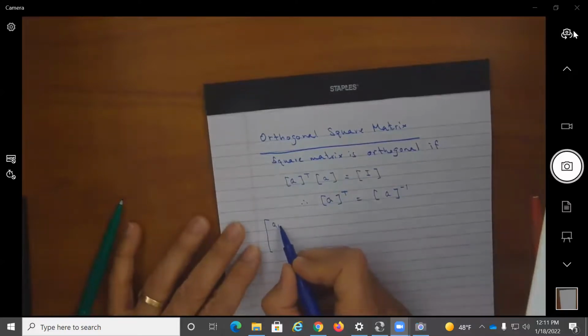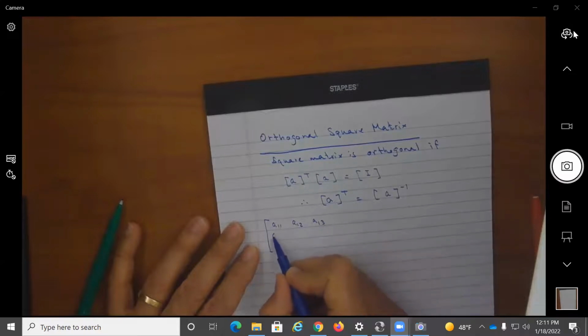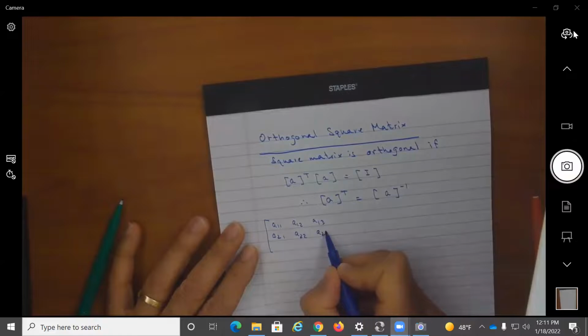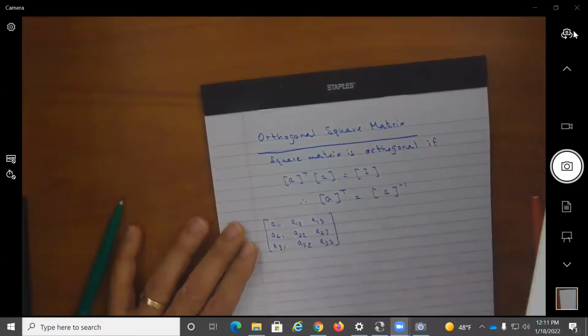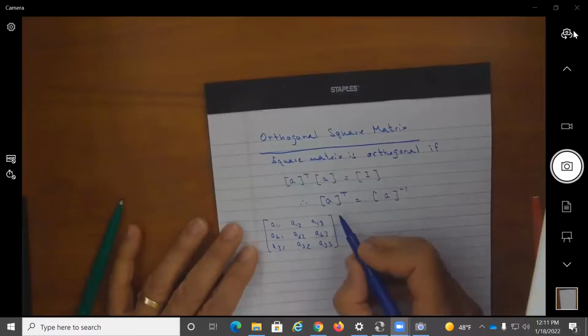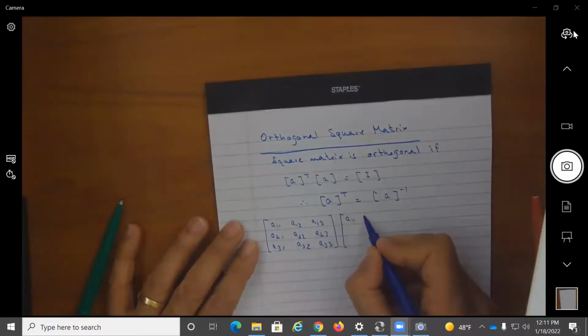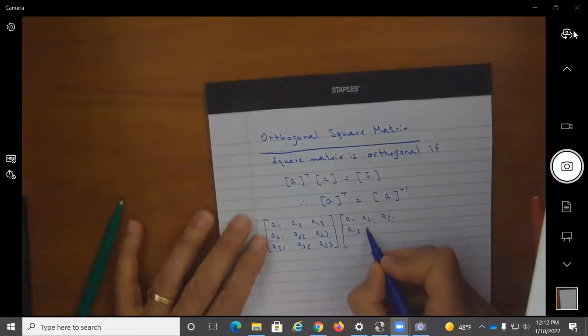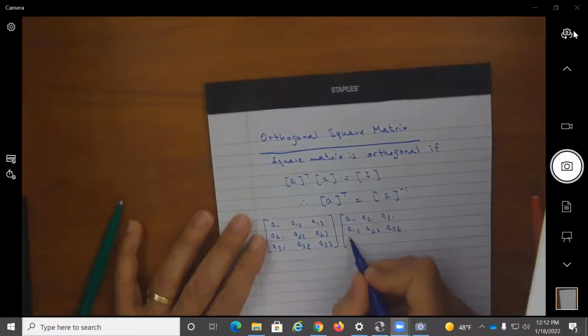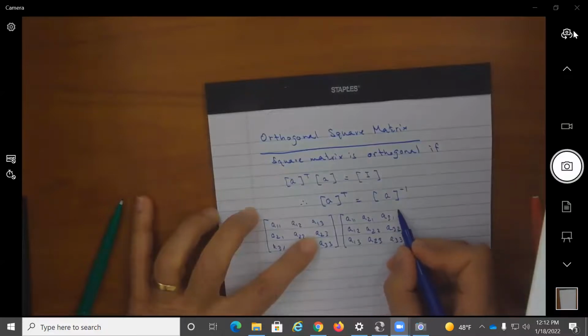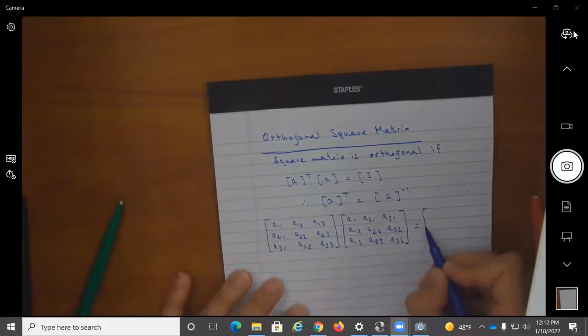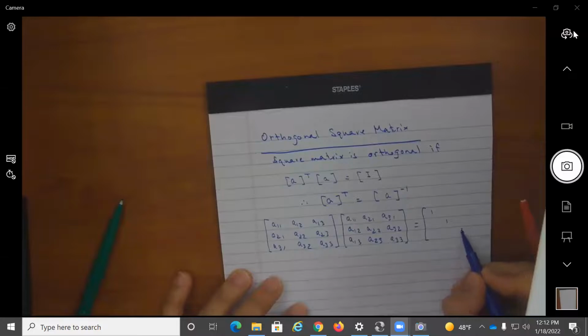So if I write here A11, A12, A13, A21, A22, A23, A31, A32, A33, so that's A. If I multiply that by the transpose, which would be A11, A21, A31, A12, A22, A32, A13, A23, and A33, this is equal to I, which is 1, and then we have zeros everywhere else.